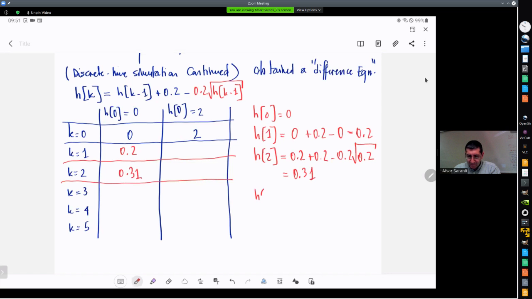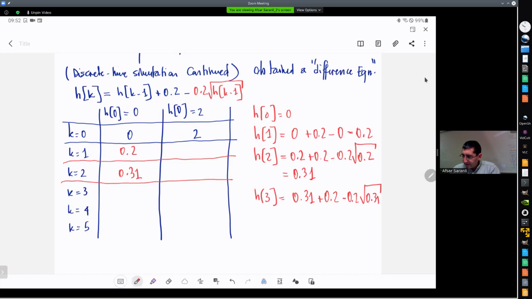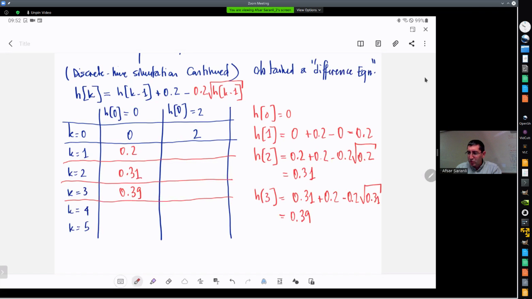H3, again 0.31, the previous value, plus 0.2 minus 0.2 times square root of 0.31, and that gives us 0.39. So you see that the value is increasing, but the change from time step to time step is actually decreasing, right? The difference between the values is gradually diminishing.